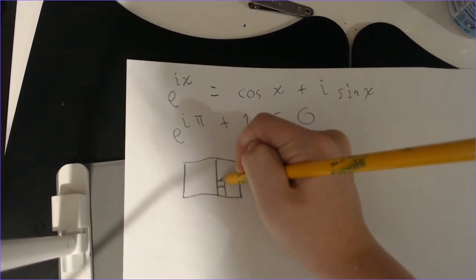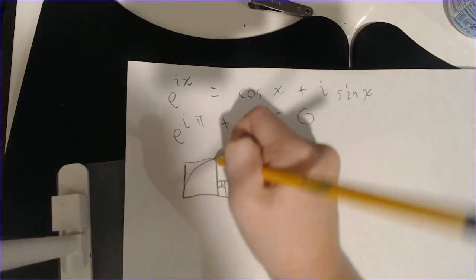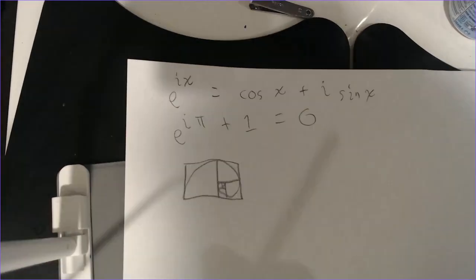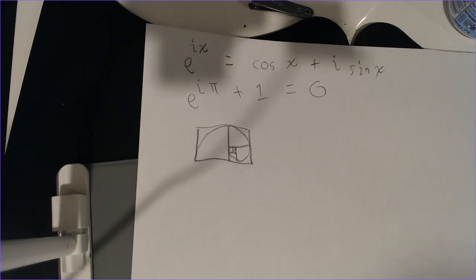If you trace these boxes with a curve, you get the golden spiral, which you can see inside of some plants. Yes, nature does sometimes use the golden ratio.